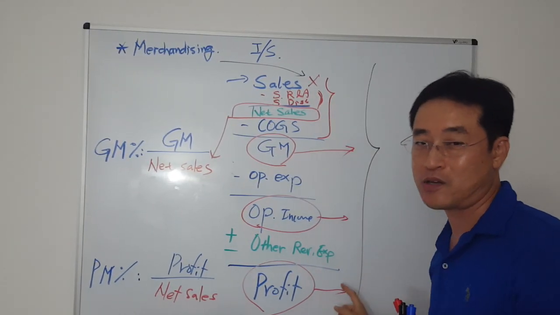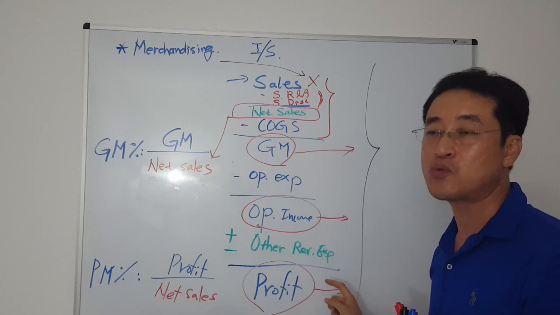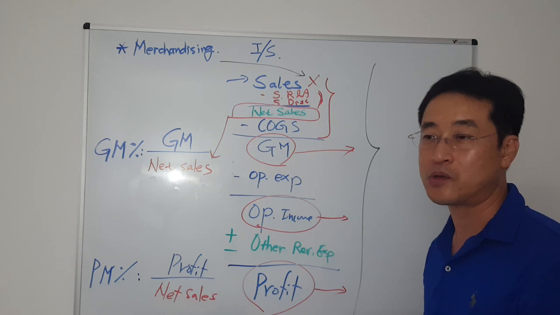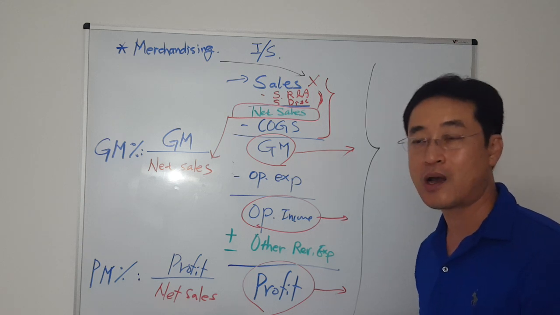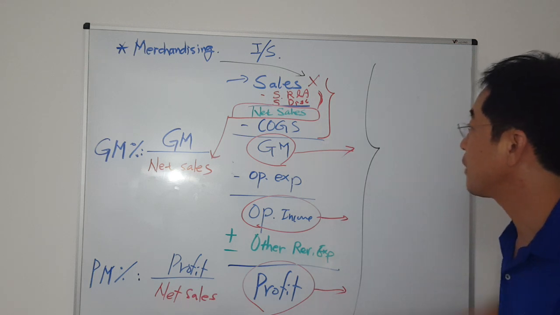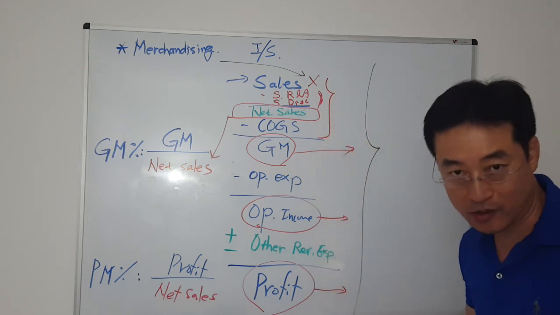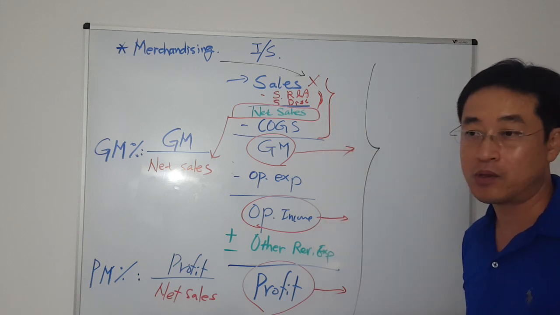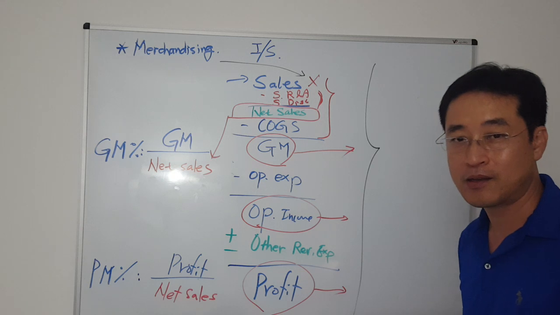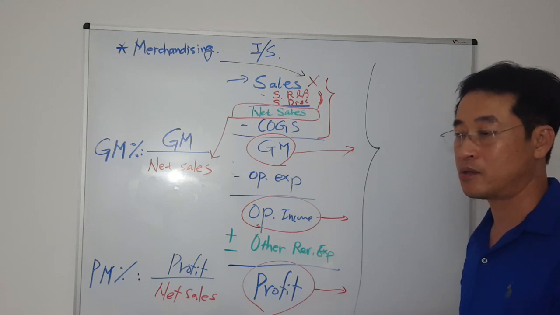Temporary account means, I hope you learned that and remember, any account from income statement. That's what we call temporary account. Plus withdrawals. That's what we call temporary. What's permanent account? Balance sheet account. If we have more accounts under income statement, sounds like we have to close more accounts.